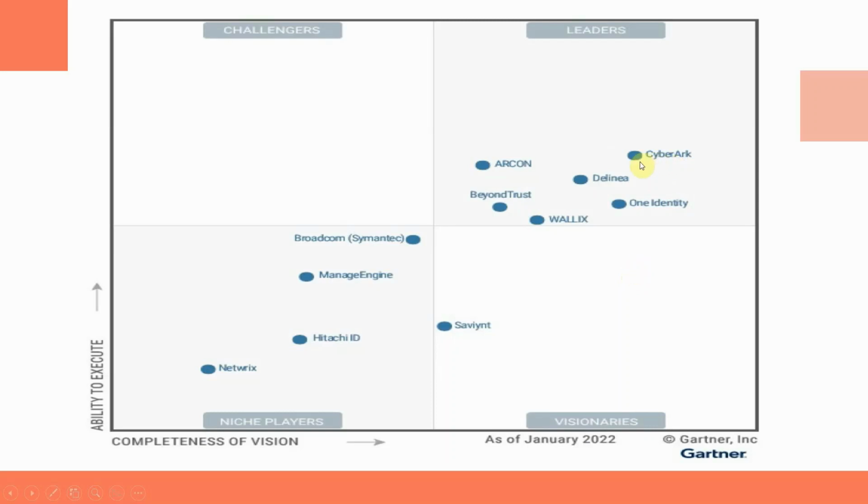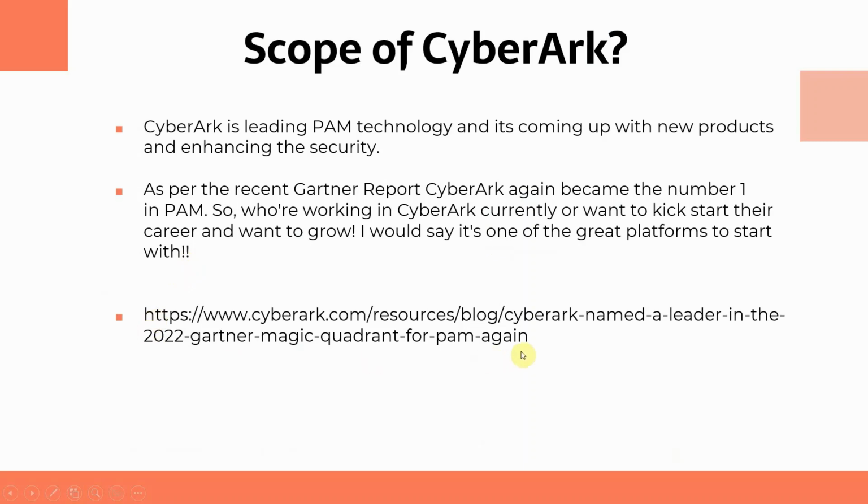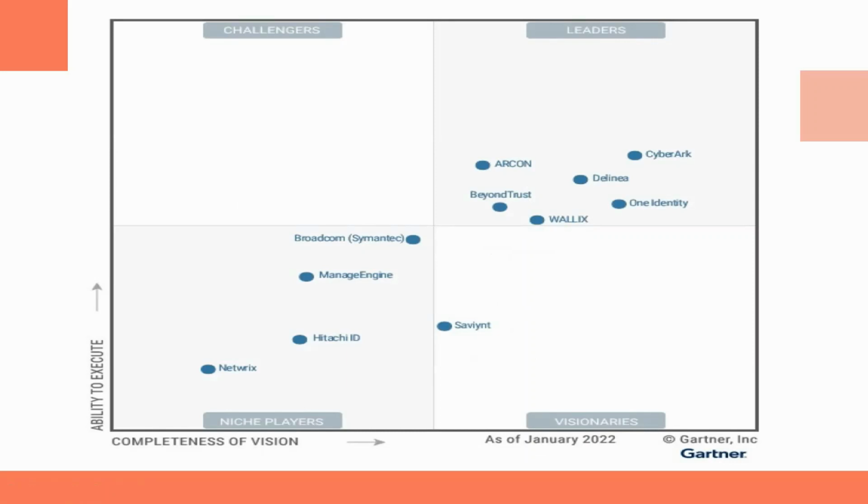From the past few years, CyberArk has been leading the market, coming out on top in PAM technologies. But you can see Archon is also giving tough competition to CyberArk. Also, this is the link if you want to see the Gartner report and read the information, or you can just Google PAM Gartner report for 2022.